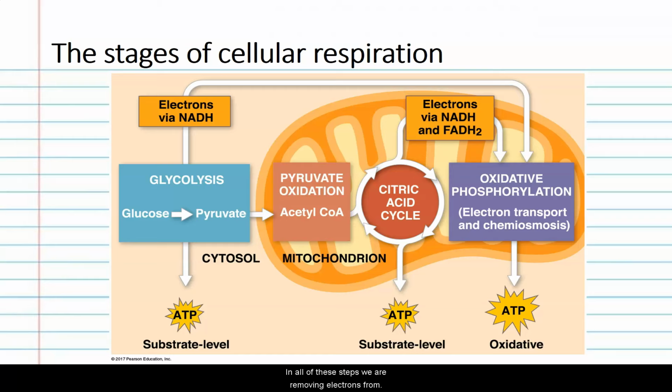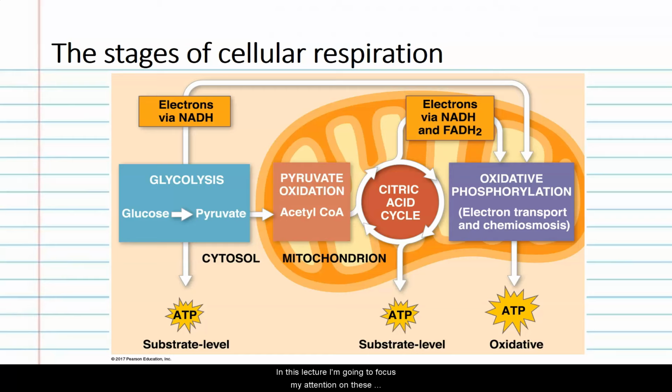In all of these steps, we are removing electrons from glucose and we're going to transfer them ultimately to that oxygen molecule. We're also going to generate ATP as we walk through this process, but most of the ATP is going to be produced during that last stage, oxidative phosphorylation.